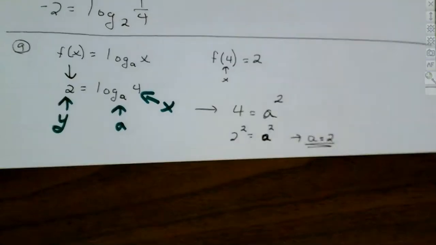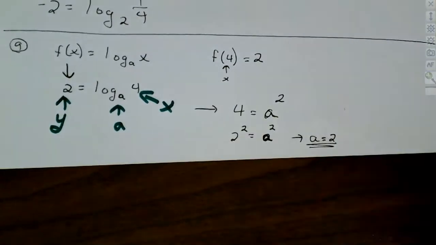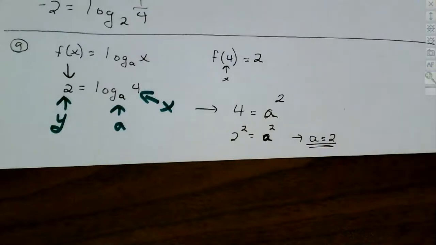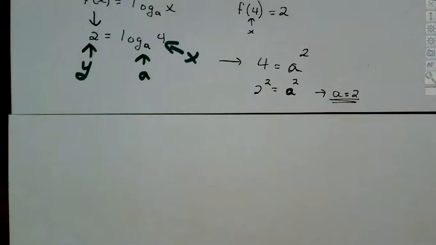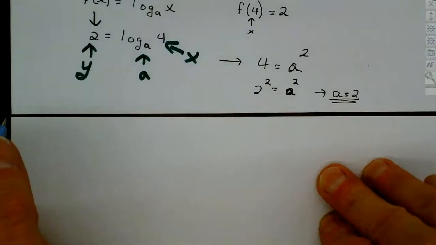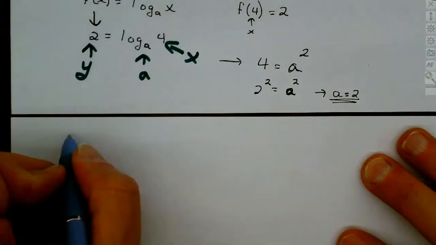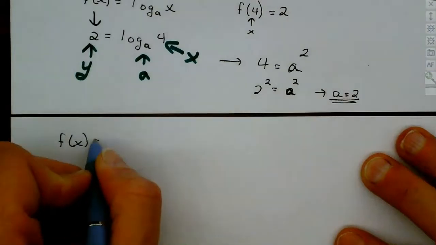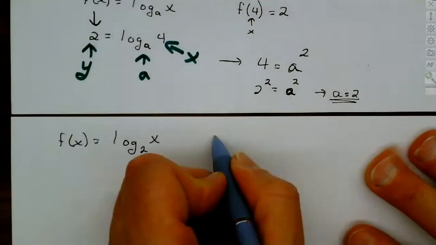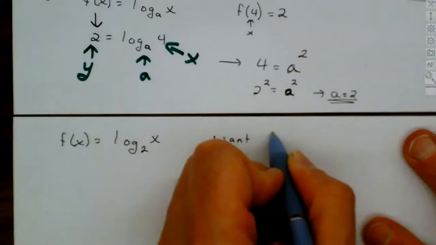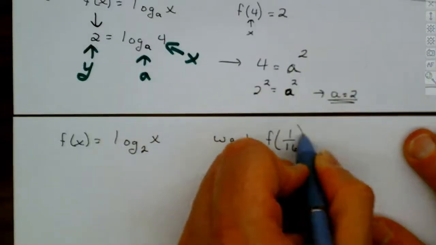Now we can rewrite it, and we can finish this out. So now let's go ahead and rewrite this and plug in the new value. So now we want to find f of 1 over 16. Our f of x is now log base 2 of x.